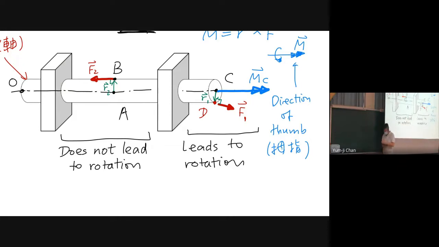Therefore, the moment's arrow will be pointing away from the shaft. This is our MA, which is R2 cross F2. This is MC, equal to R1 cross F1.